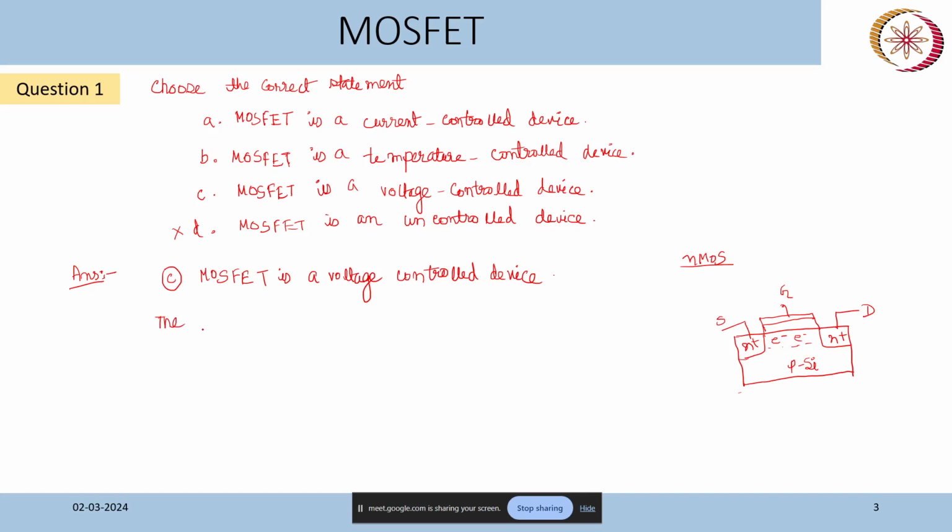And here the applied voltage VGS at the gate terminal controls the drain current IDS.